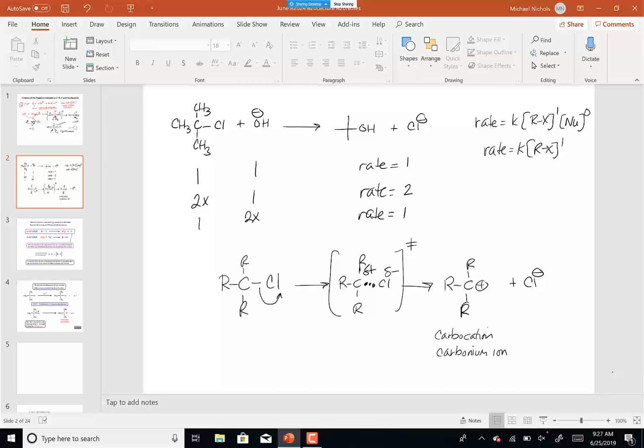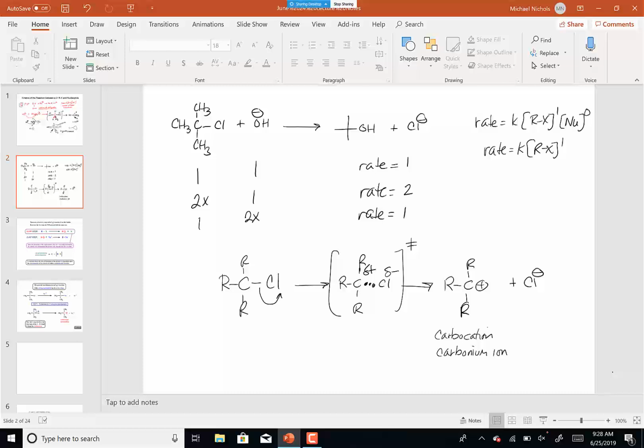Okay, so in step number 1 here, I formed my carbocation. Now, if you're a mechanistic chemist, and this is the first time you've proposed that species, I'm going to need to show that it can exist. I'm not sure if anybody had shown that this actually exists to begin with. But could it exist?